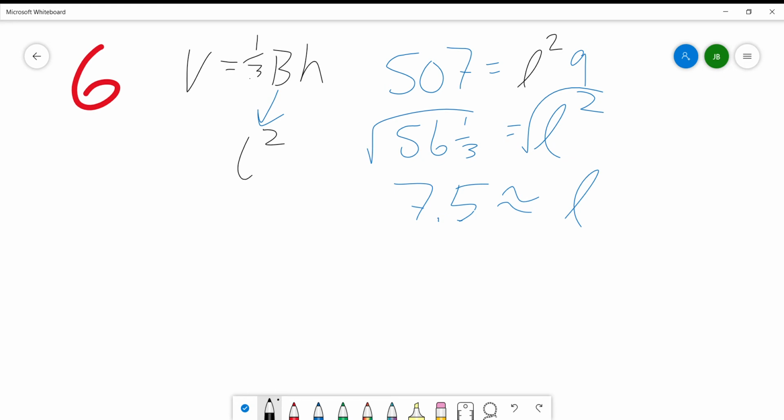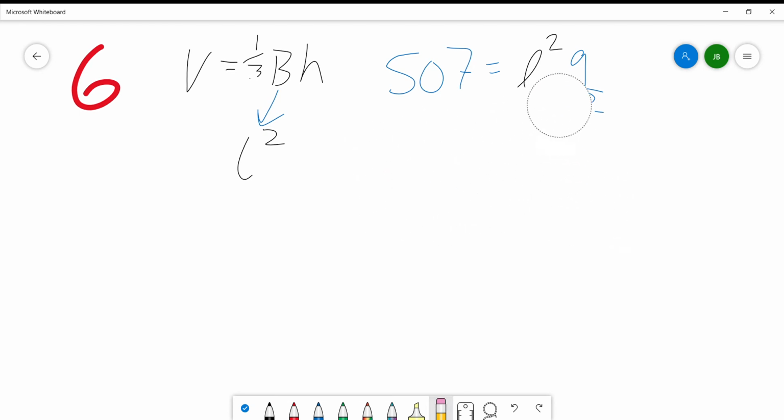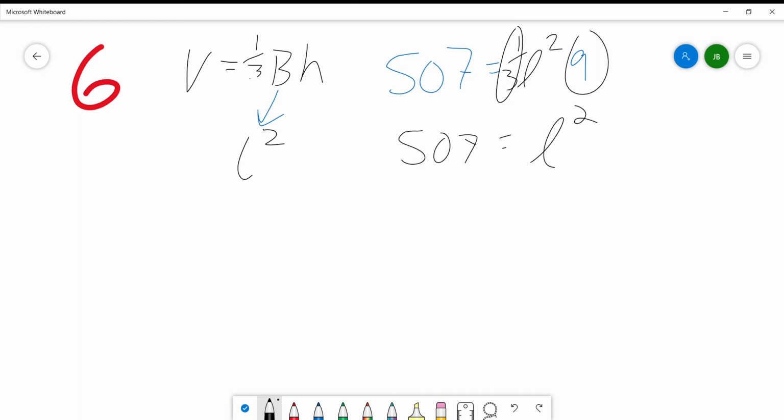So 1/3, so instead of dividing both sides by 9, I should have divided both sides by 3, because I have this 1/3. No, hang on. I do divide by 3 because I combine these two and I get 507, combined like terms, L squared times 3.